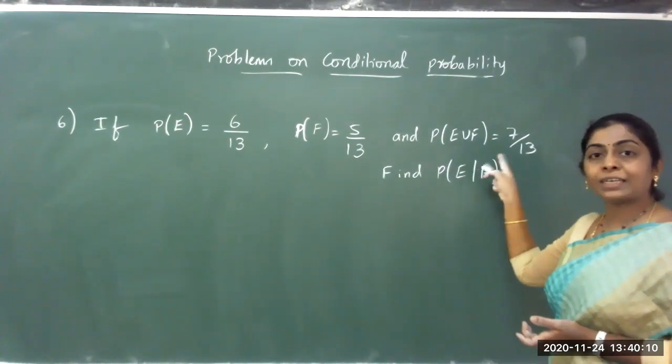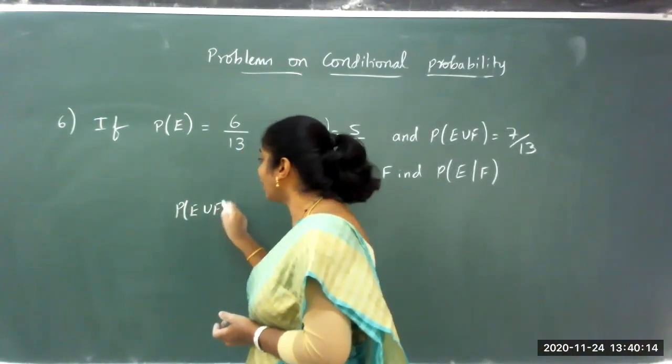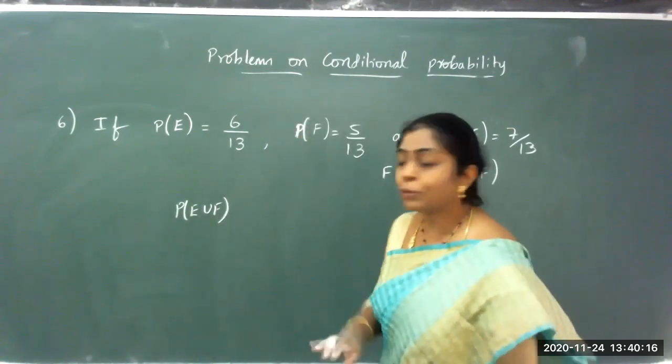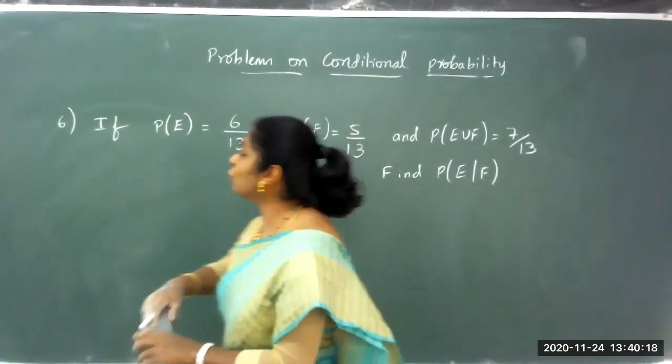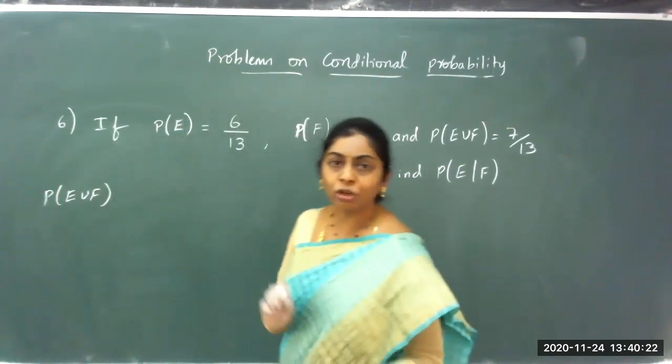From the given data, I will find probability of E intersection F using the formula for probability of E union F, which is already given.